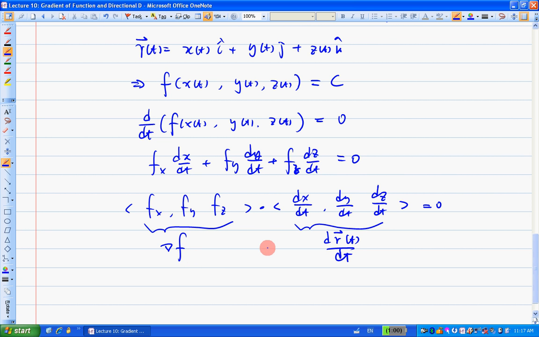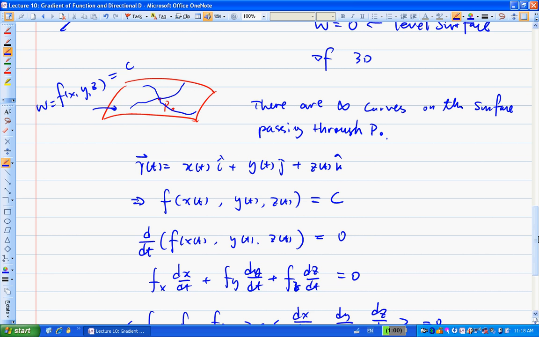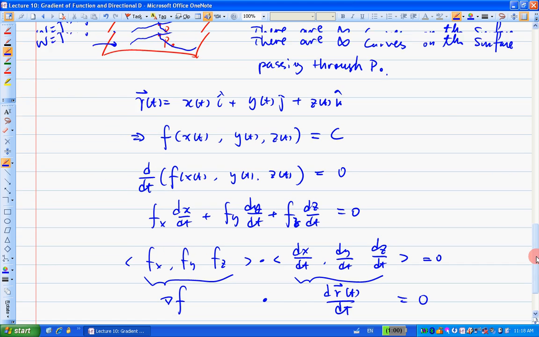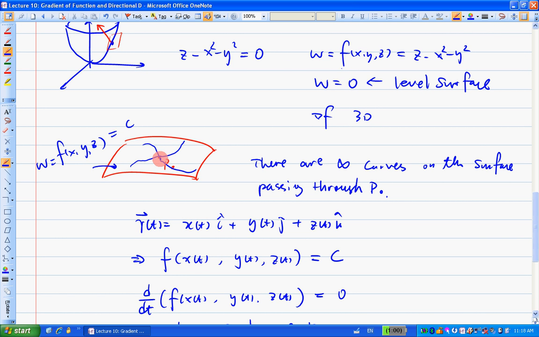So what does that tell us? It tells us the dot product of the gradient with the derivative of the parametric equation R is 0. We learned in multivariable functions, what does the derivative of a parametric equation represent? Velocity or the tangent vector.